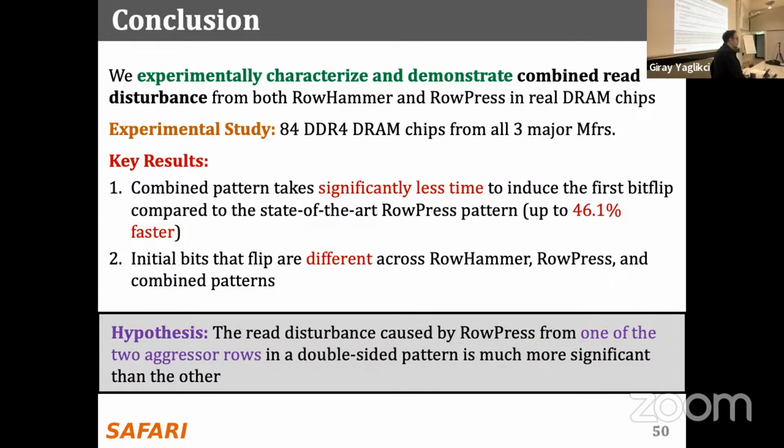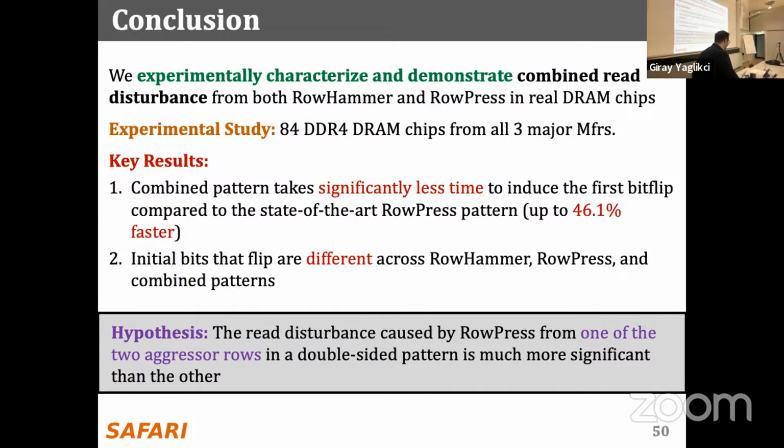You gave data which showed that it's more effective, but I don't think you mentioned the temperature at which the data was collected. Is it perhaps the case that at a specific temperature the combined attack is better, versus at a high temperature maybe pure RowPress? Or is there a heuristic to determine, within a given temperature band, which of the three is better, considering your added possibility of the combined attack?